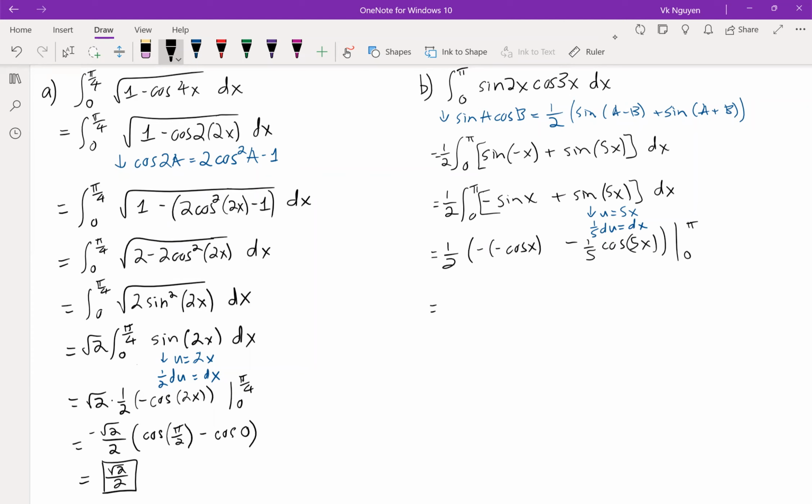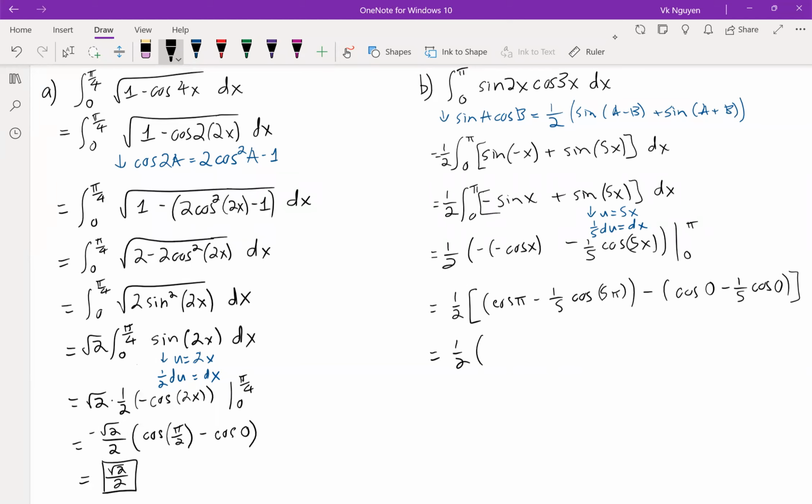Minus is the plus, so I have 1 over 2 times cosine pi minus 1 over 5 cosine 5pi, minus cosine 0 minus 1 over 5 cosine 0. Now carefully with this, then we're going to grab the answer here. 1 over 2.